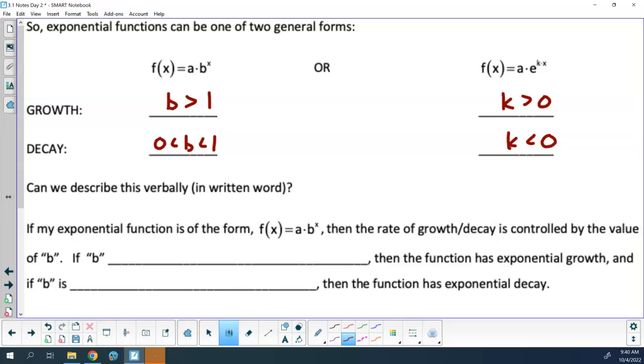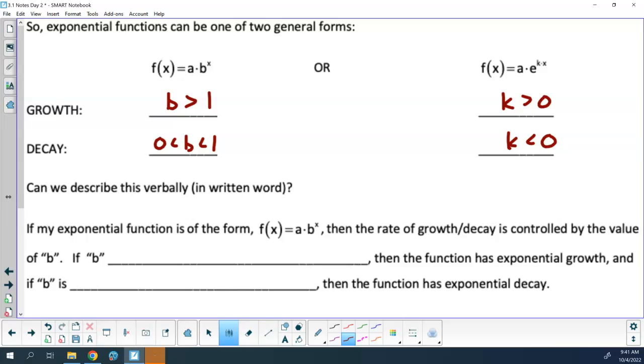Okay? Can our base b from Friday be equal to 1? No, it can't be equal to 1 because it again would be a constant function.